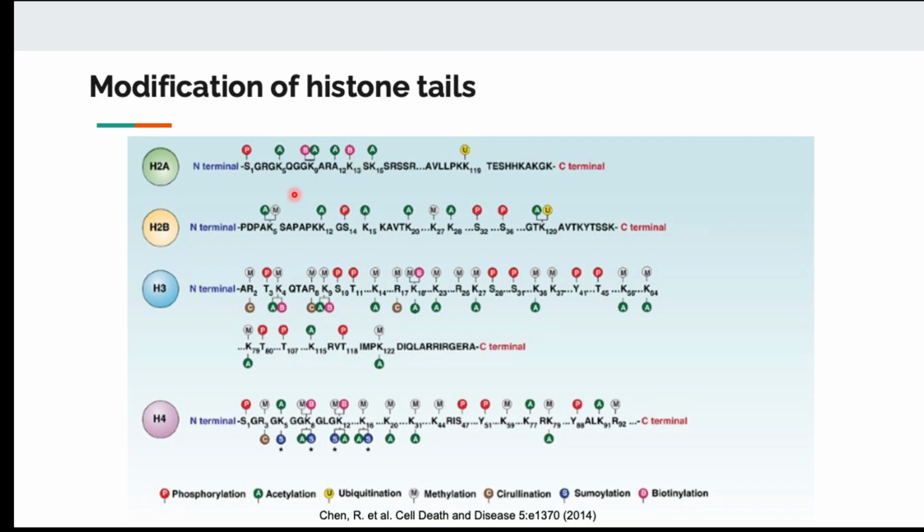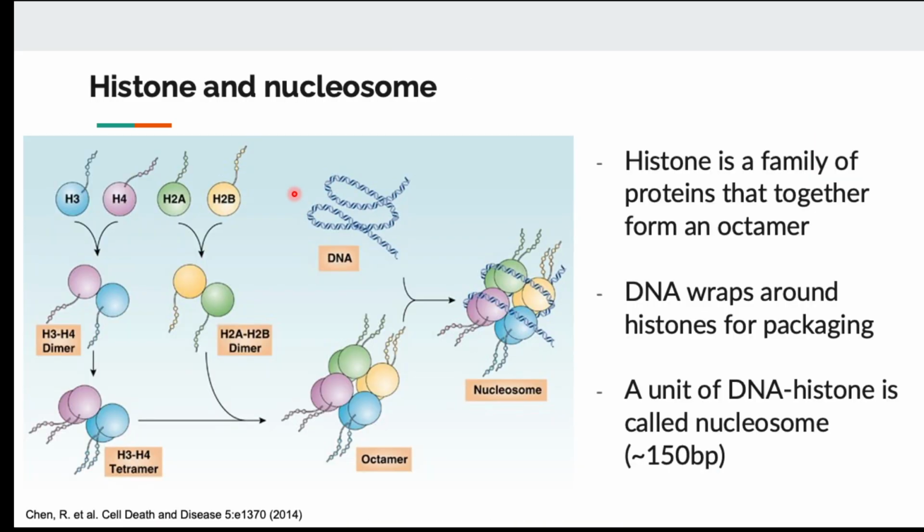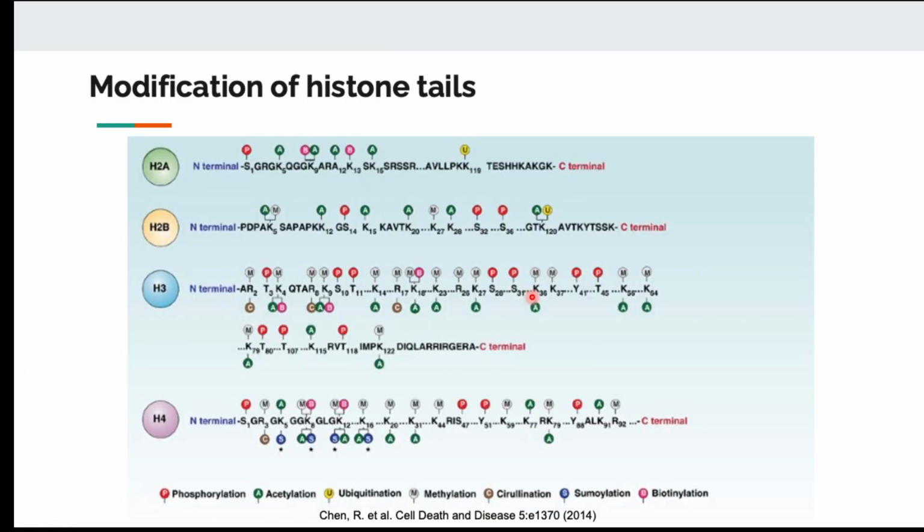And the interesting thing about the modification of the histone is that whether you add acetylation, phosphorylation, or methylation, it can affect whether the genes that are near these nucleosomes are expressed. It can affect the expression level of genes surrounding that location.